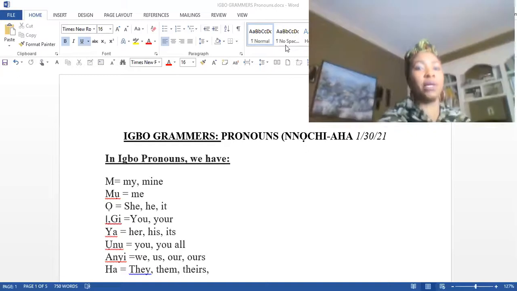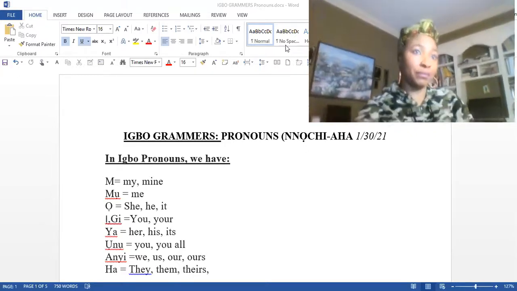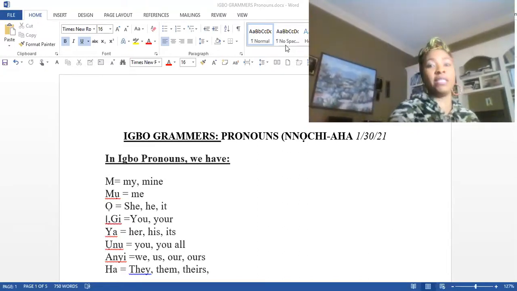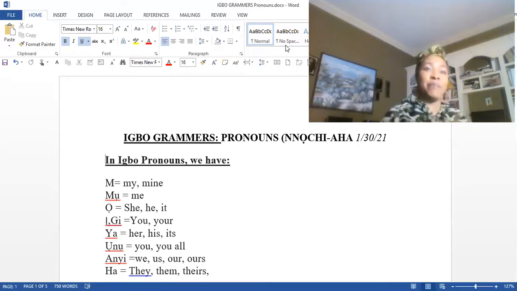I also have something for personal pronouns. Before I get into all the different types of them, we have personal pronouns, and they reveal number, gender, and person, like first person, second person, and third person.